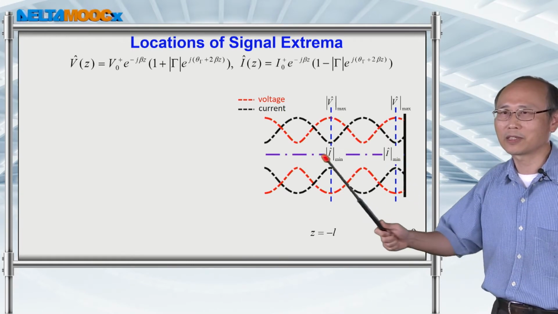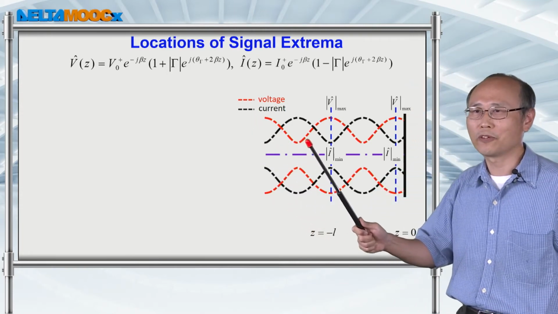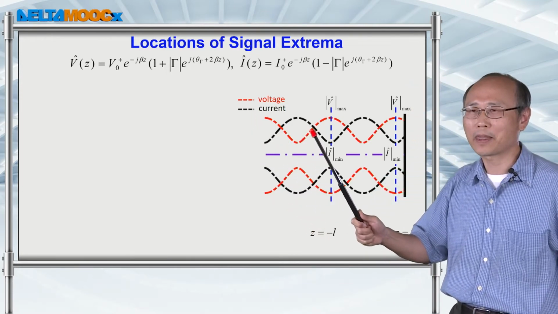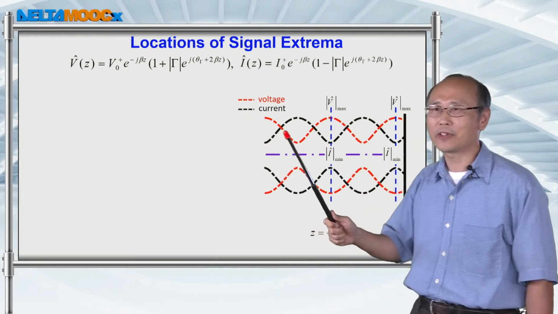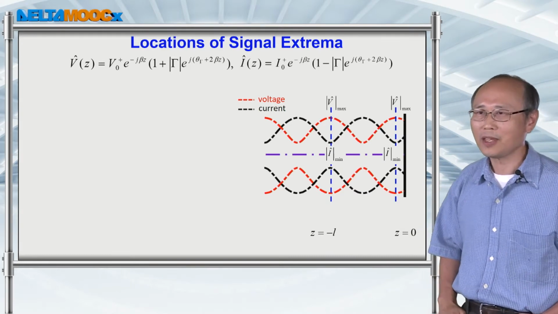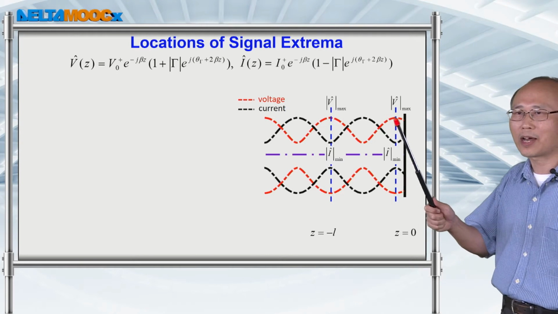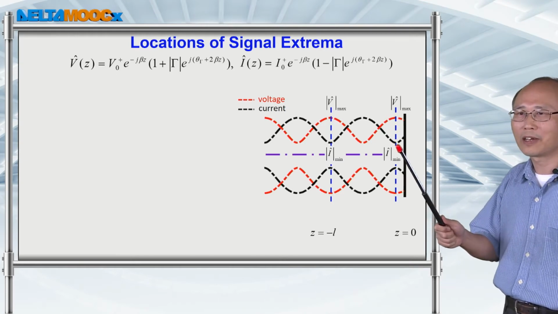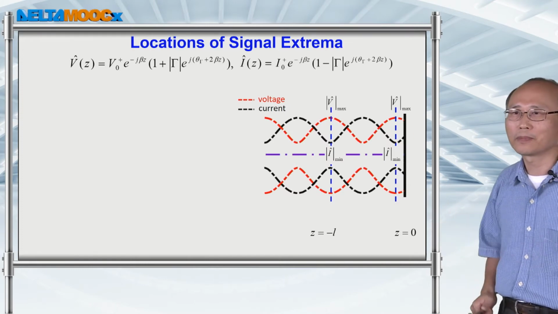So on this plot, the red dashed curve is associated with the voltage on the transmission line, and the black dashed curve is associated with the current on the transmission line. And so you can see that when the red curve reaches the maximum point, the black dashed curve always oscillates at the lowest point.